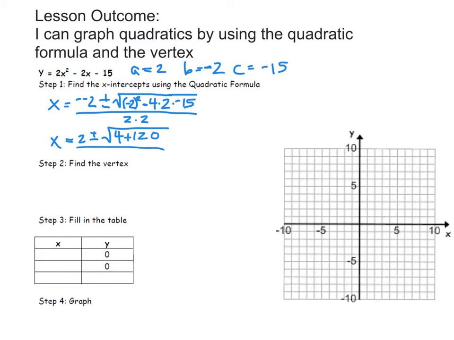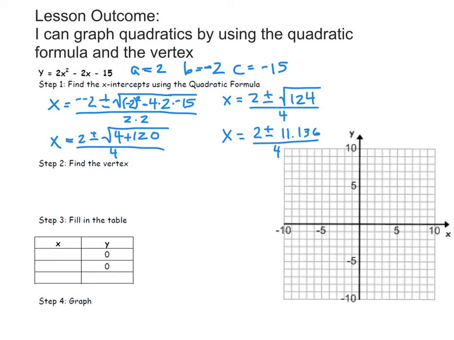All divided by 2 times 2, which is 4. All right, we'll work up here. So x equals 2 plus or minus the square root of 124 divided by 4. So we get x equals 2 plus or minus the square root of 124, which when rounded is 11.136, divided by 4.